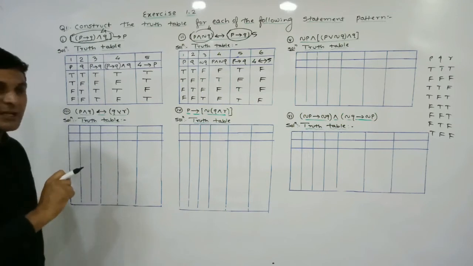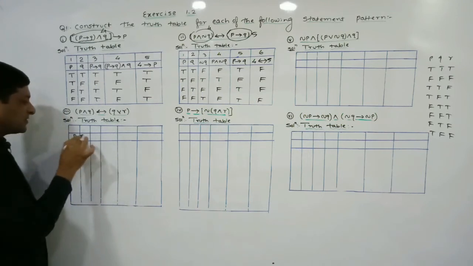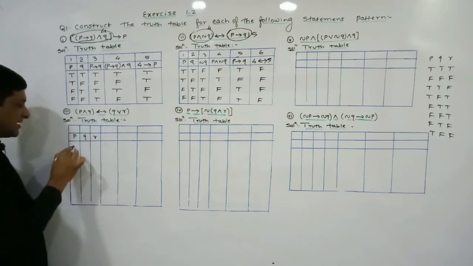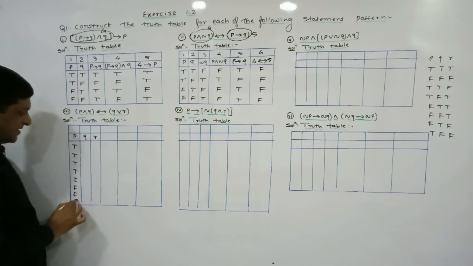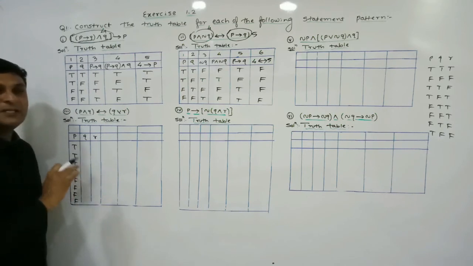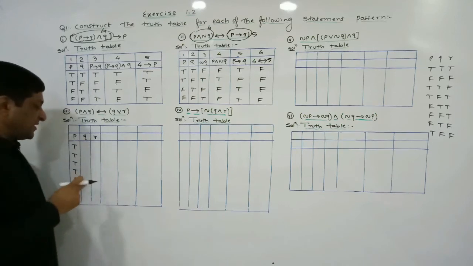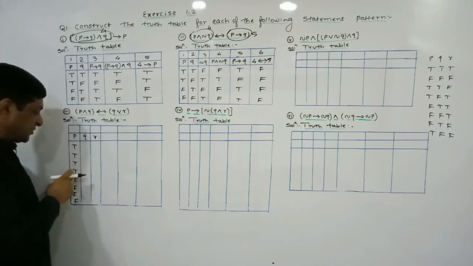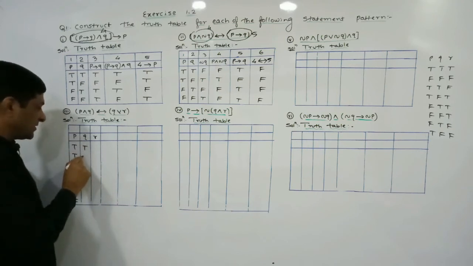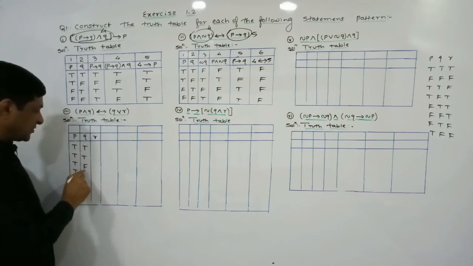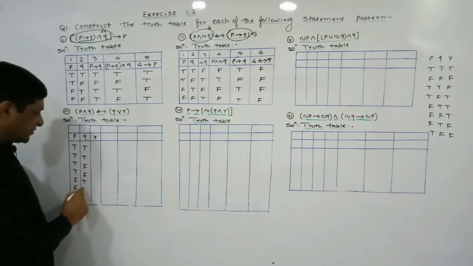The standard method to write down these 8 possibilities is, just remember, take 4 times true: true, true, true, true, and 4 times false. This is the standard method of writing all these 8 possibilities. So in the first column, after taking 4 times true and 4 times false, in the second column write down 2 times true, 2 times false, 2 times true and 2 times false.